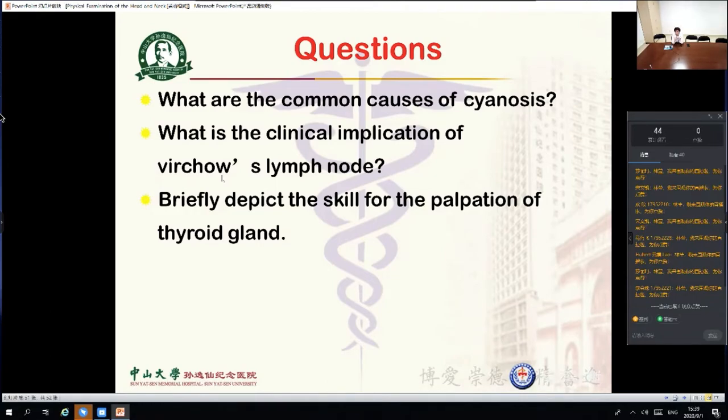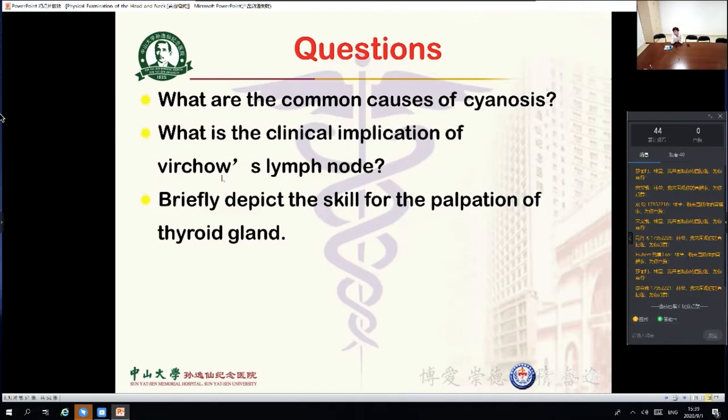So these are the key points of today's talk. And I'm very happy to have this chance to share with you the physical examination from yesterday and today's lecture. Yesterday, I shared with you the basic methods of physical examination.